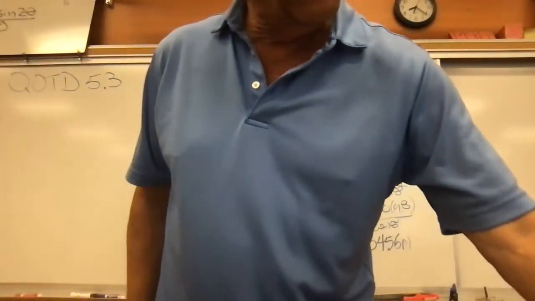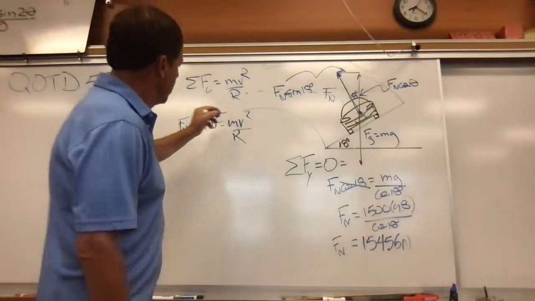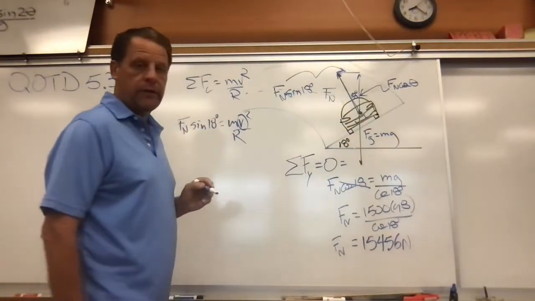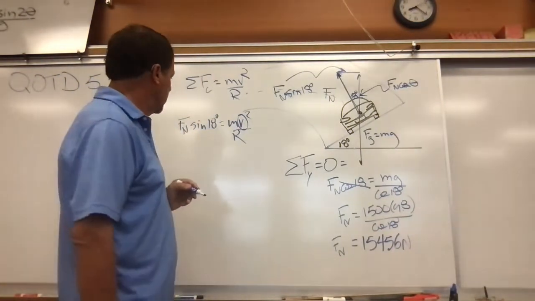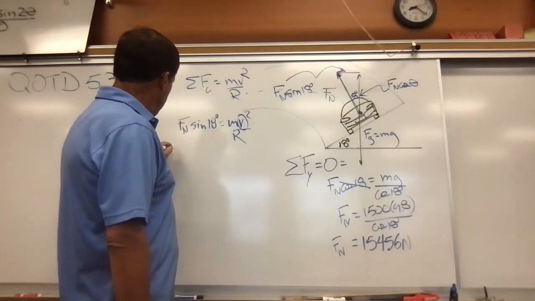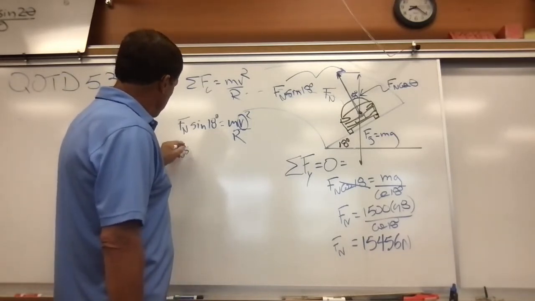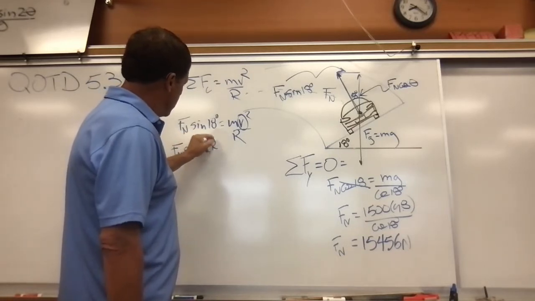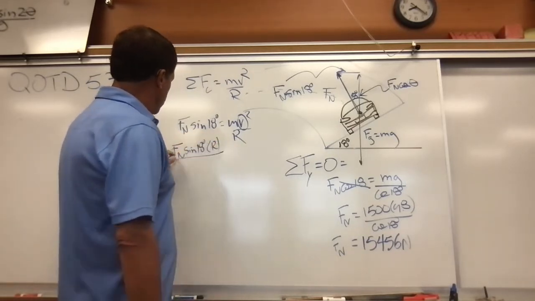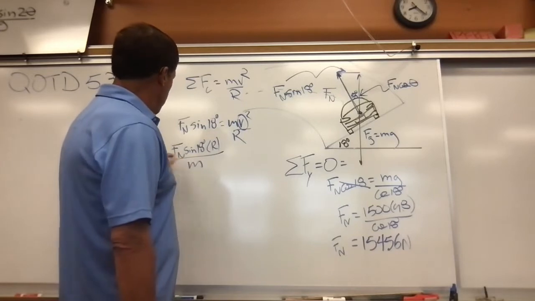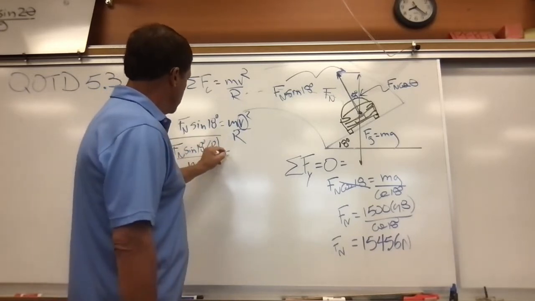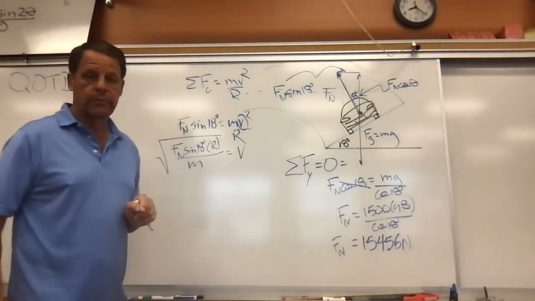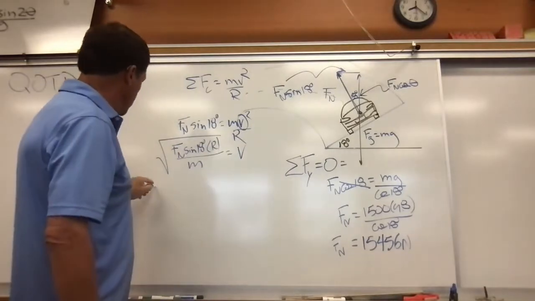Now remember, we are looking for this velocity right there. So we can say v equals the square root of force normal sine 18 times our radius divided by our mass. All right, let's plug in numbers.